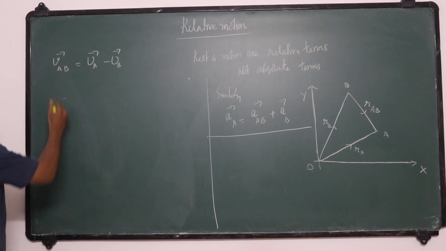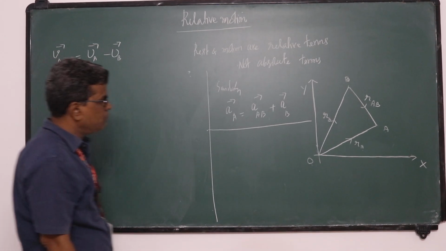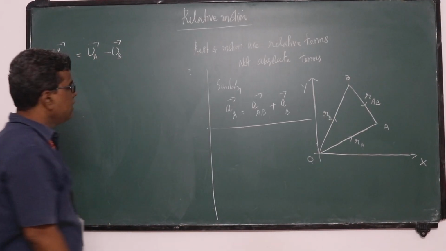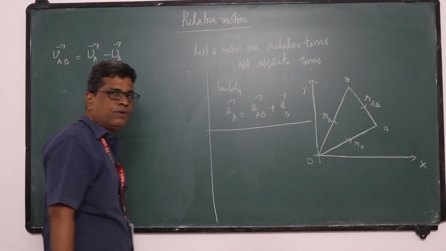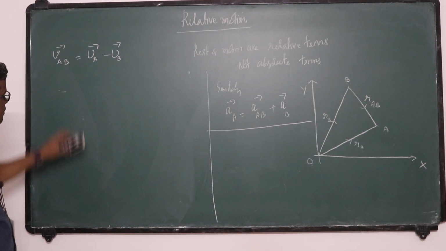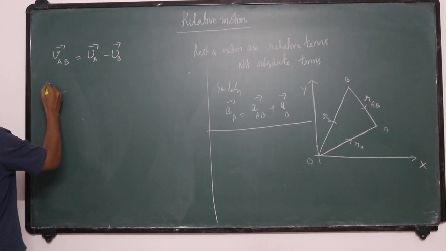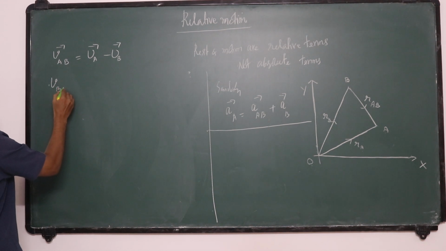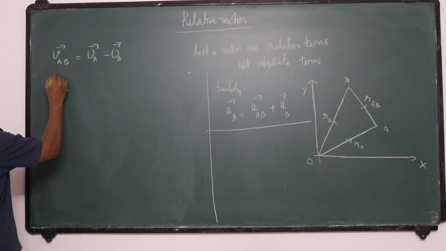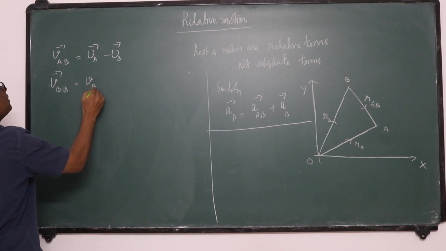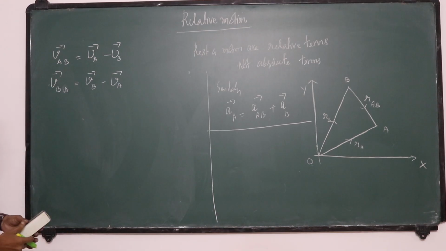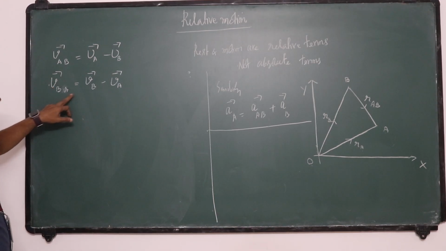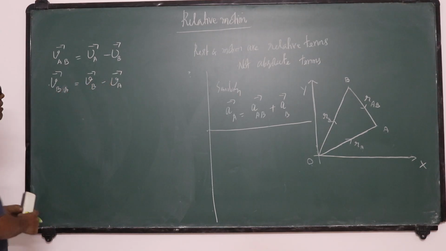Suppose the angle between VA and VB is theta. Suppose A and B are moving with velocities VA and VB. Then we have to write the magnitude of VAB. The velocity of B with respect to A can be written as the velocity of B minus the velocity of A, VB bar minus VA bar.